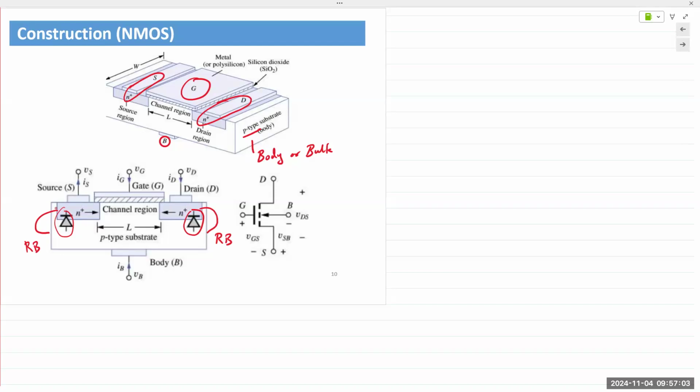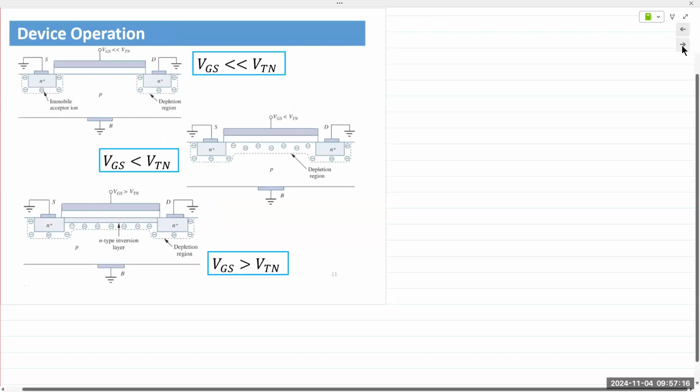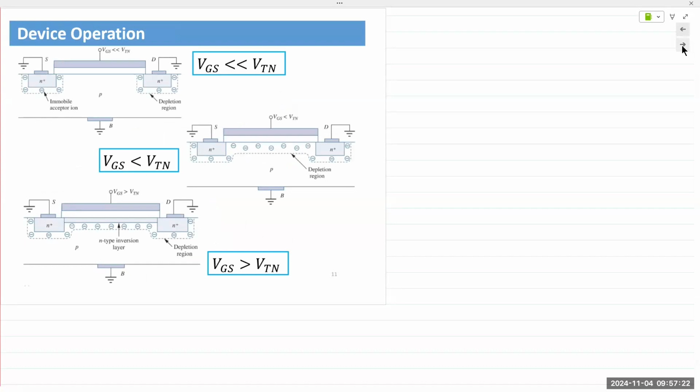Okay. Now we apply VG. Let's say VG is greater than VTN. Channel establishes, and we can see that next slide right here. So when VGS is far below the threshold voltage, what happens? Device is at equilibrium, so to speak.